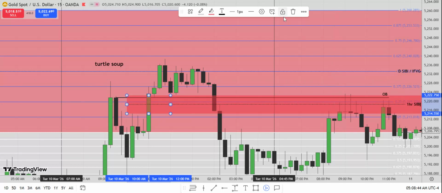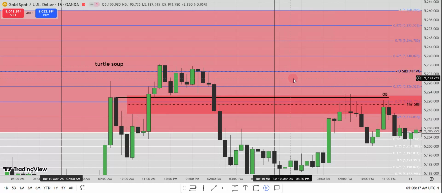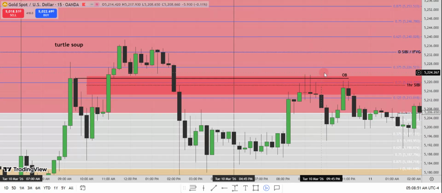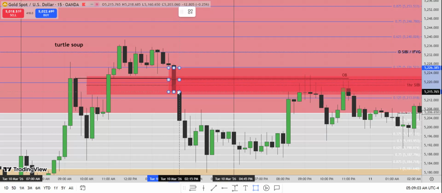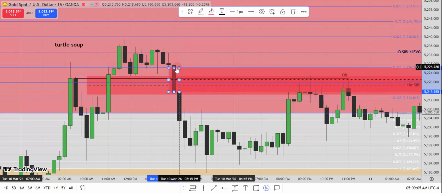See that there? So we already have a lot of confirmations to get into these trades and just rip everything off and become profitable.